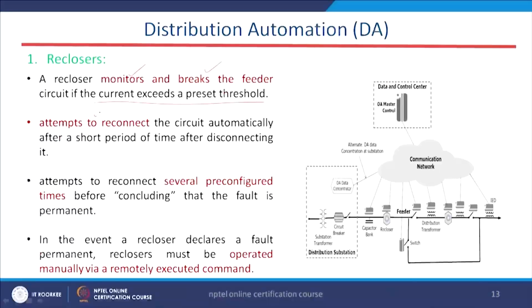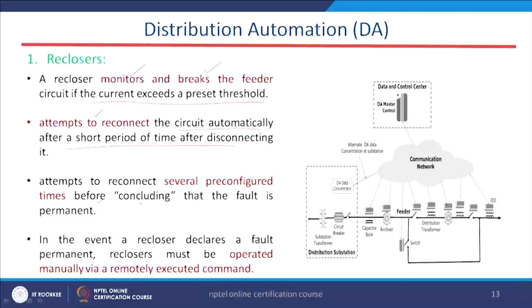It takes some attempts to reconnect the circuit automatically after a short period of time after disconnecting it. It takes some time, and again it reconnects. It will do this several predefined times before concluding that the fault is permanent.